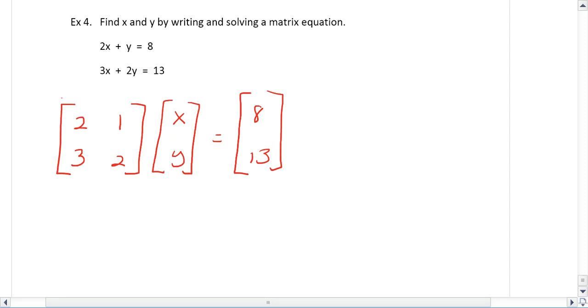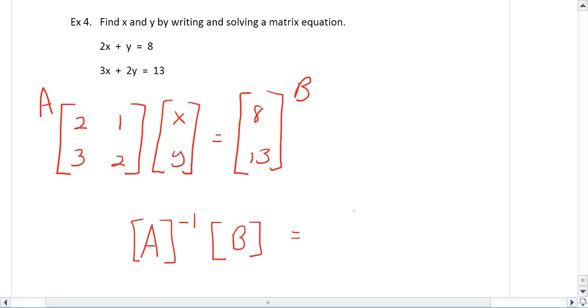And again, it doesn't matter where you enter these, but you need to remember the location. So if we choose to enter this 2 by 2 in the A location and this 2 by 1 in the B location, enter those on your calc, quit out of the matrix menu, go back in and grab matrix A, hit the inverse button so that this appears on your home screen just like that, go back in and grab matrix B, and when you multiply those, you should get the answer matrix of 3, 2.